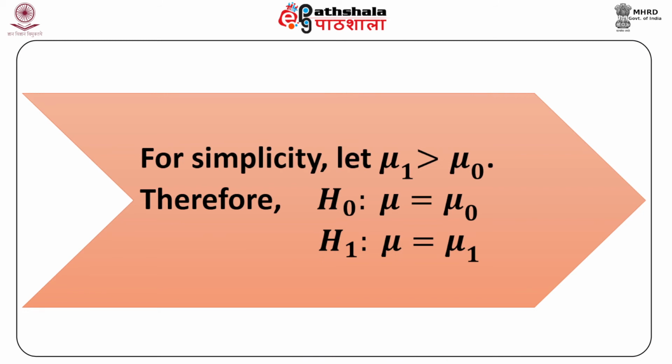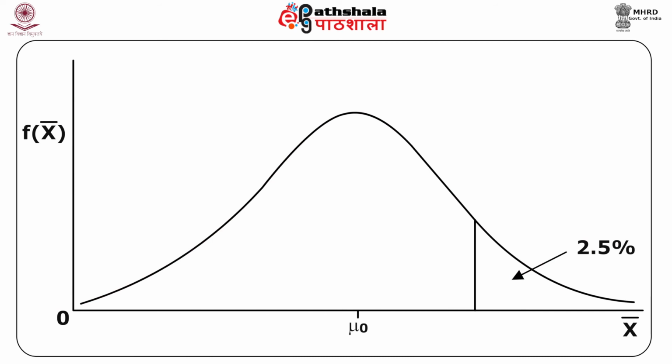Therefore, the null hypothesis could be defined as mu equal to mu 0, and the alternative hypothesis as mu equal to mu 1. At the 5% level of significance, if x bar lies in the upper or lower 2.5% tail, we reject the null hypothesis. Now, given the assumption, x bar should lie in the upper tail, and this would also be compatible with the alternative hypothesis if it is true.